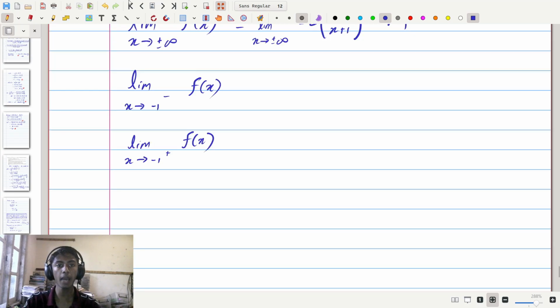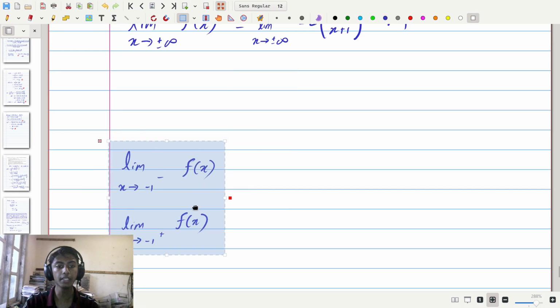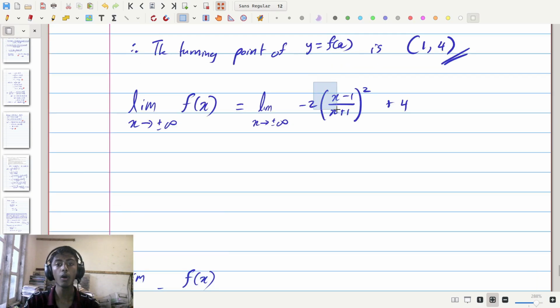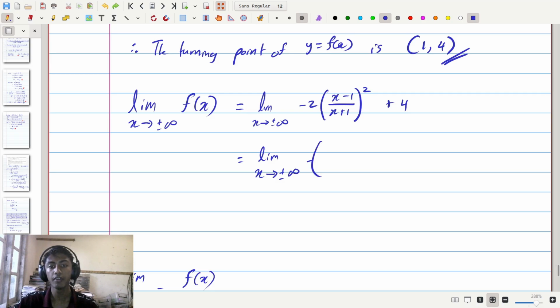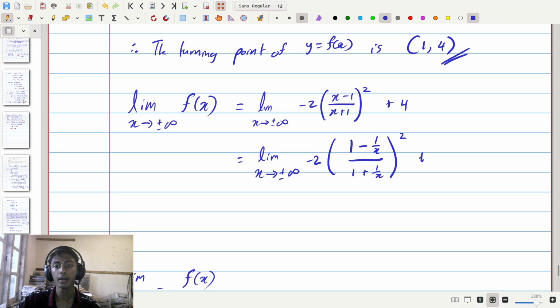And for this, I'm going to apply this by dividing the numerator and denominator of this rational function right here by x. So doing so, we can see we'll get the limit as x approaches plus or minus infinity of, and on the inside we get negative 2 times, and if we divide the top and the bottom by x, we get (1 minus 1 over x) divided by (1 plus 1 over x), squared, plus 4.